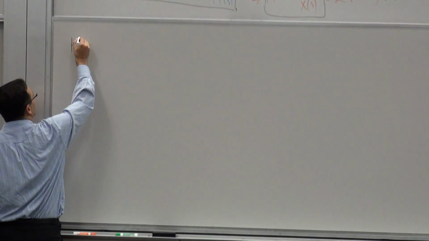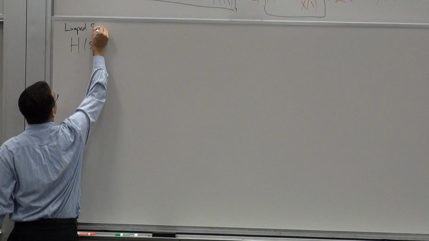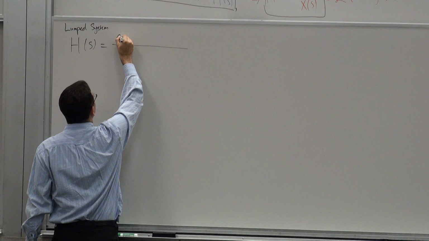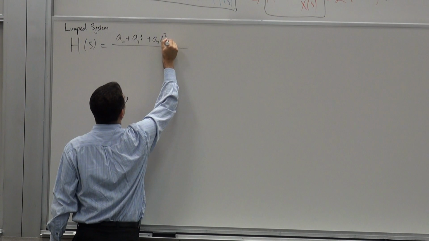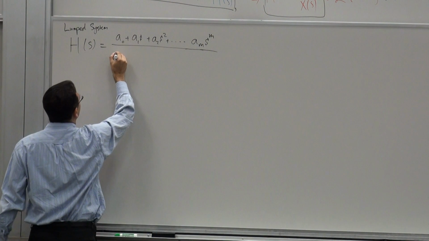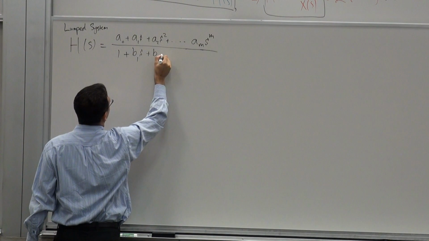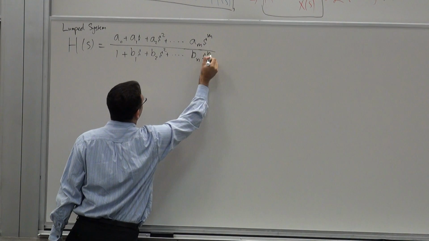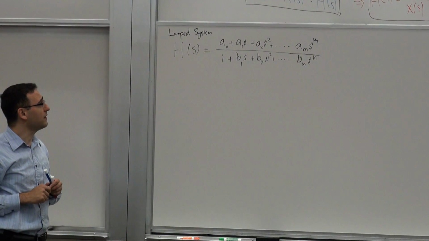So the transfer function of a lumped system can be always written in the following form. And where the coefficients are real.